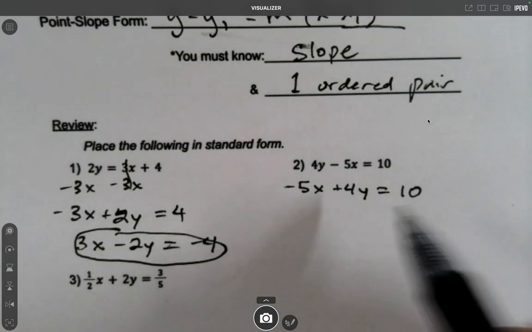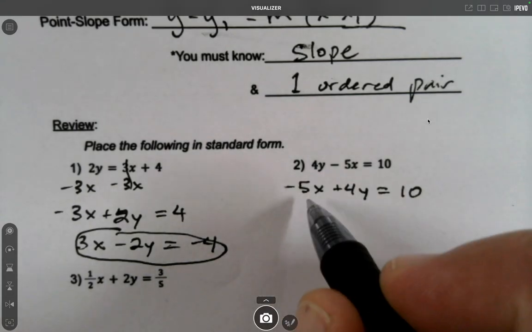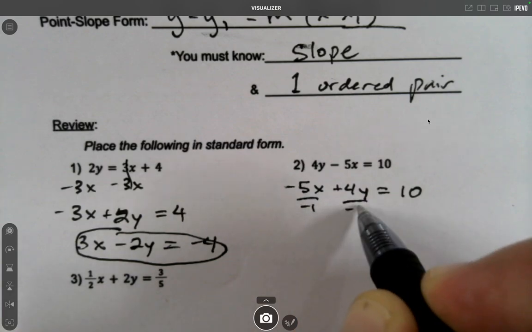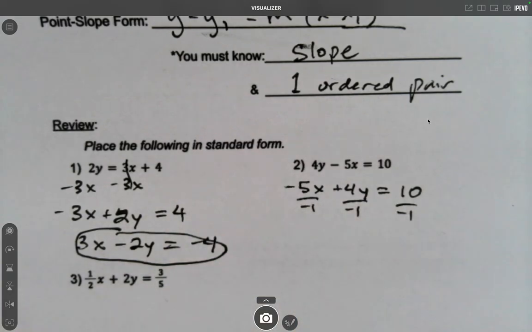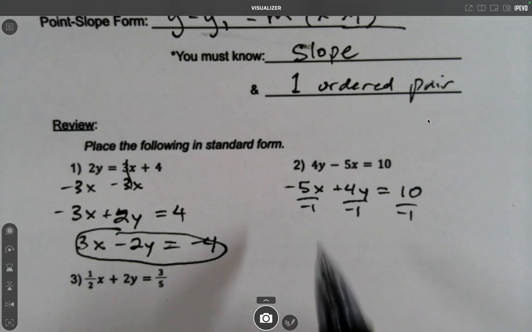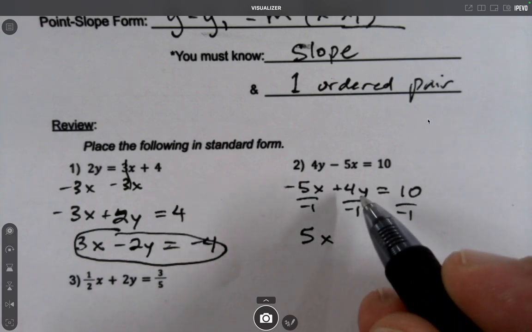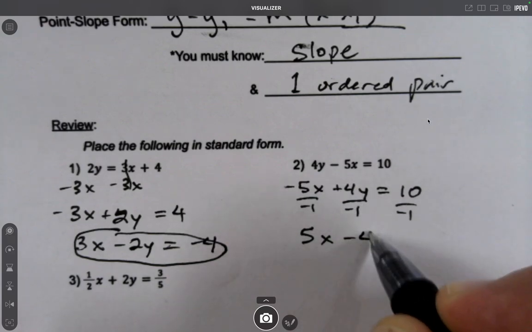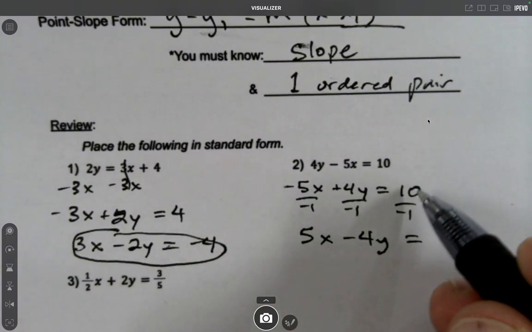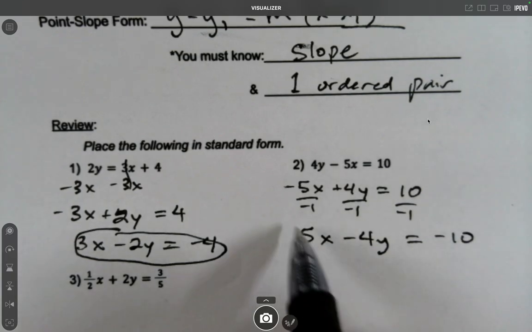So we need to multiply or divide, either way, everything by negative 1. Multiplying and dividing by negative 1 both have the same result. It changes the signs. So negative 5 over negative 1 is positive 5. Positive 4 over negative 1 is negative 4. And 10 over negative 1 is negative 10.